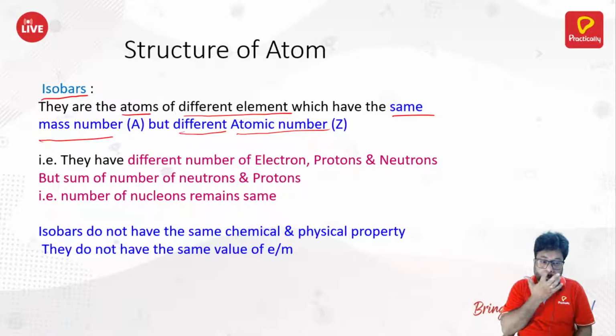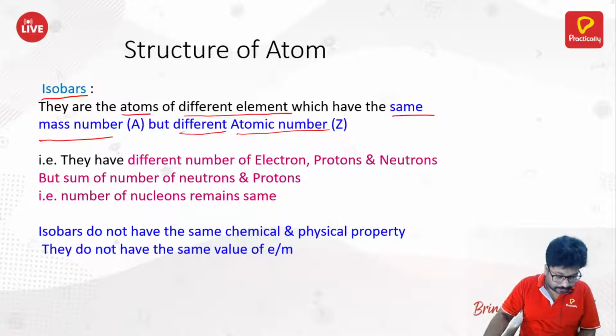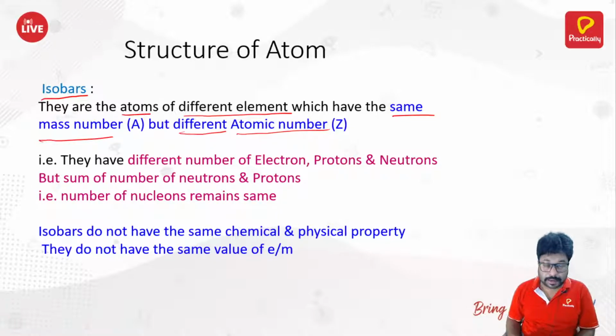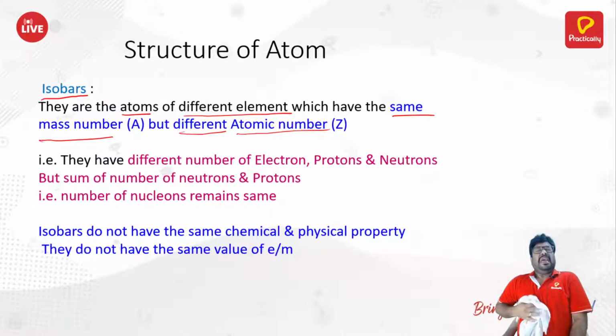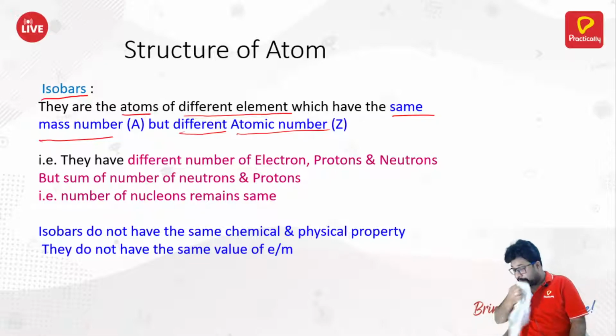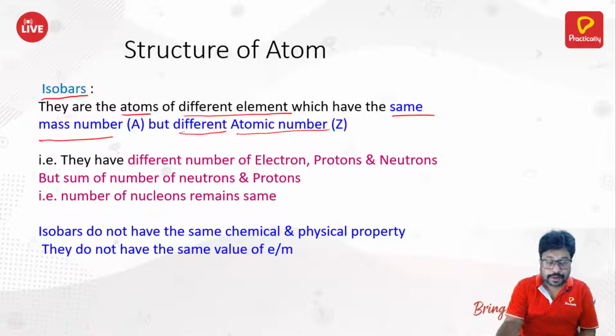Now look, if the mass number is the same but the atomic number is different, that means if the atomic number is different, it is obvious that they will have a different number of protons.